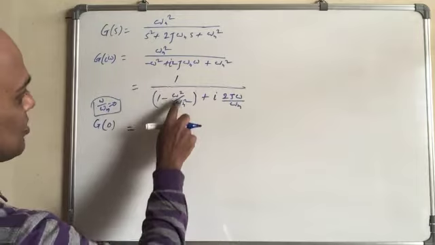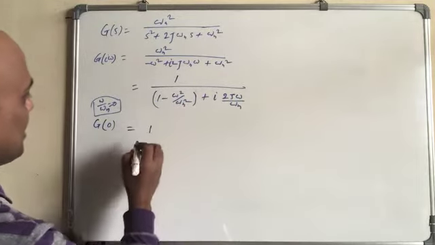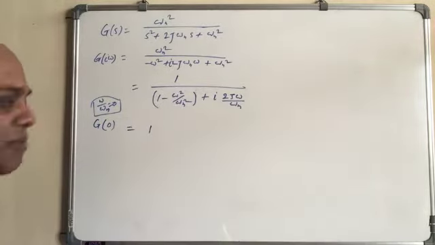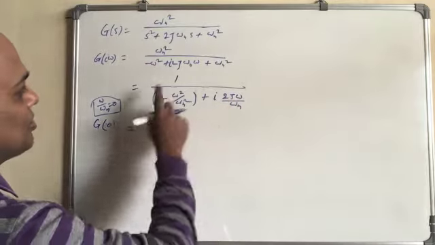You get 0 here, so you get just 1. The value will be 1, magnitude will be 1. If you put 1 here, 0 here, it becomes 0 here, so only 1.